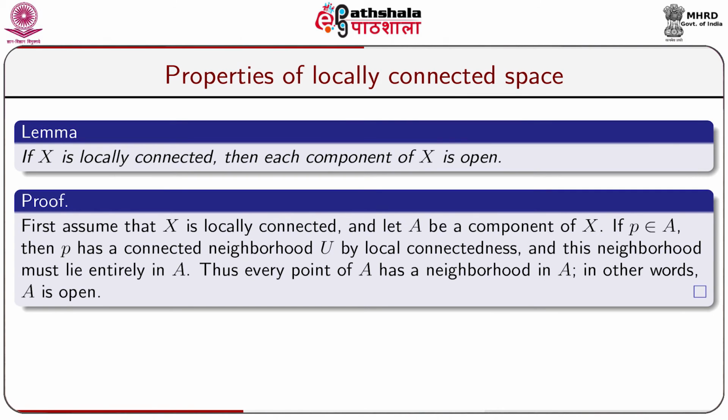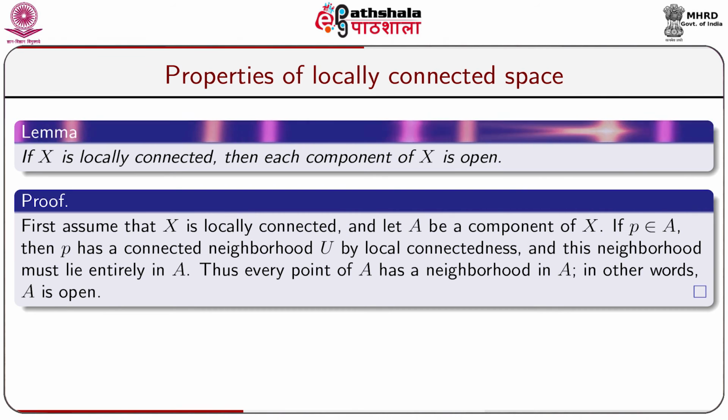Now the following lemma says that if X is locally connected, then each component of X is open. Recall that we have already proved that every component is closed.